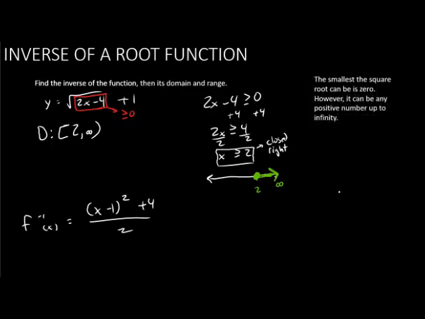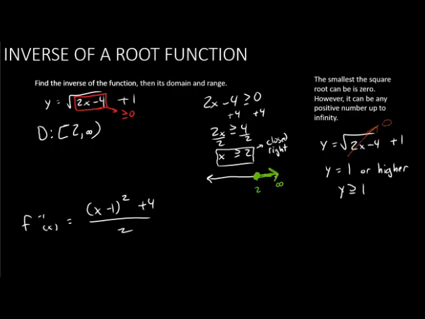So if our original function is y equals square root of 2x minus 4 plus 1, let's imagine if the square root term gave us 0. If the square root term came to 0, we would just have y equals 1. But we could be any positive number higher than 1.